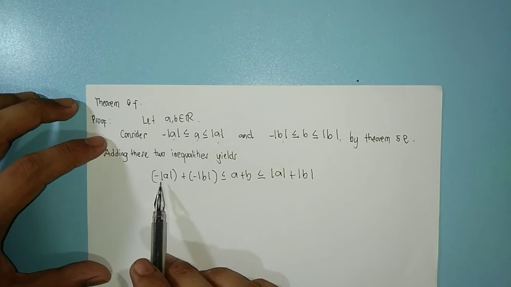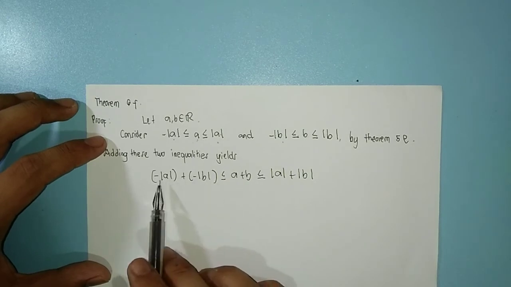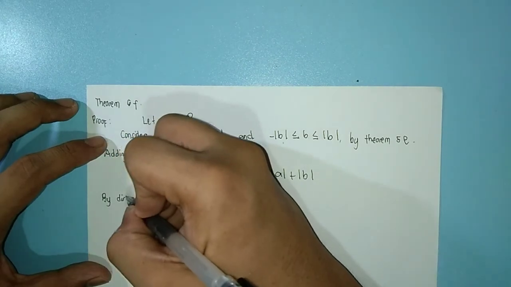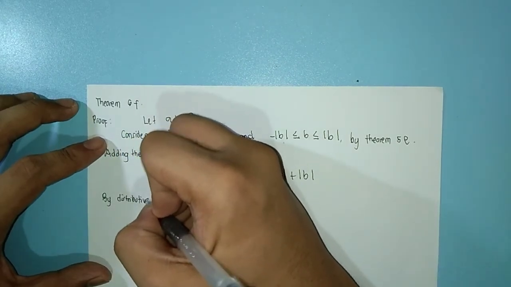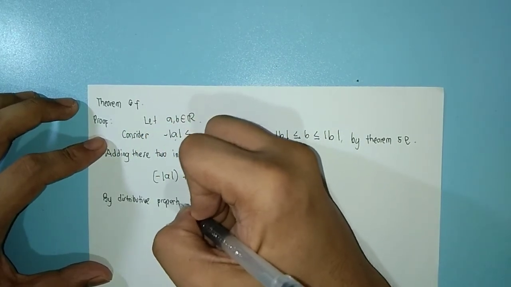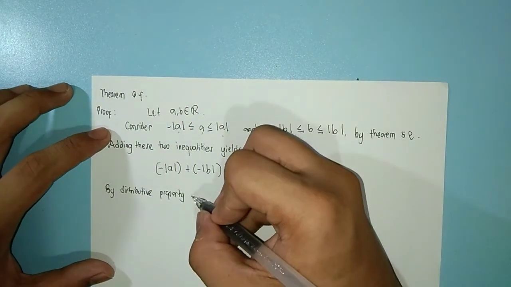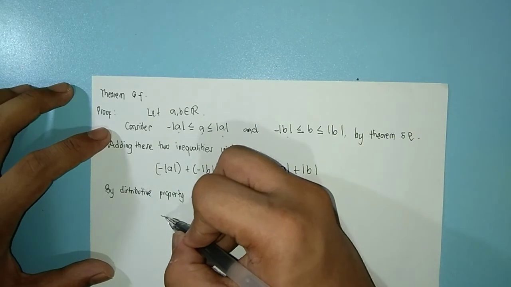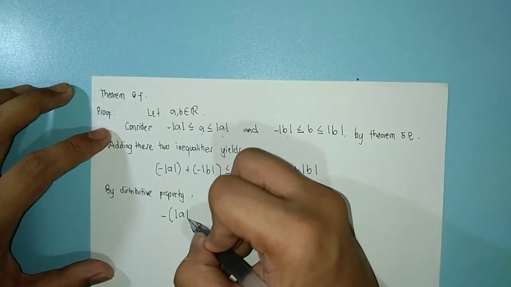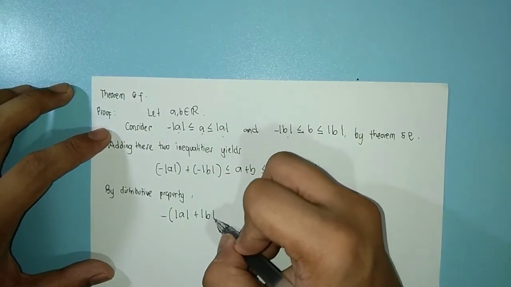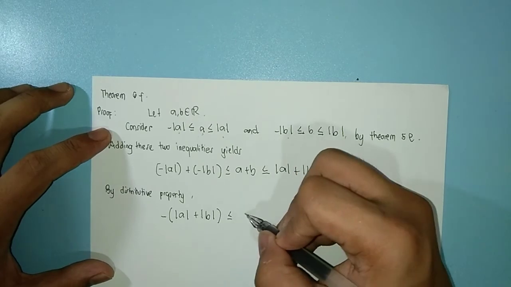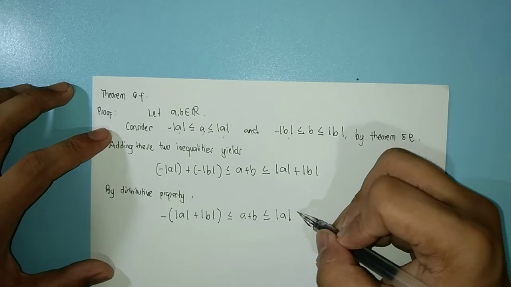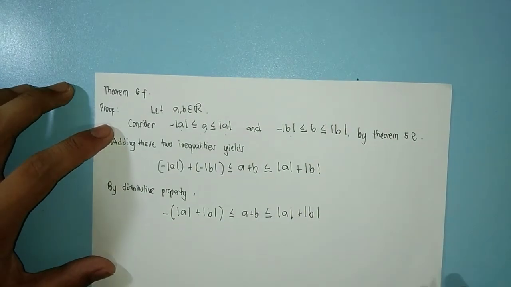Tapos by distributive property, na lesson natin sa mga unang lesson yon, pwede nating i-factor out yung negative. So factor out natin yung negative, magiging negative absolute value of A plus absolute value of B less than or equal to A plus B less than or equal to absolute value of A plus absolute value of B.